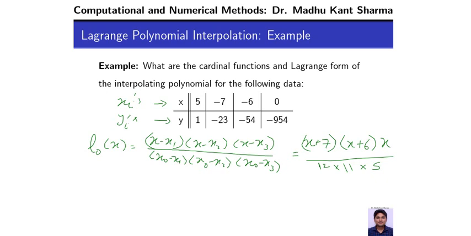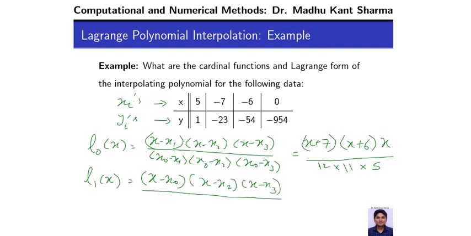Similarly, L1 of x equals: you start with x0, skip x1, and factor x minus x2, x minus x3, divided by the same with x replaced by x1, that is x1 minus x0, x1 minus x2, x1 minus x3.